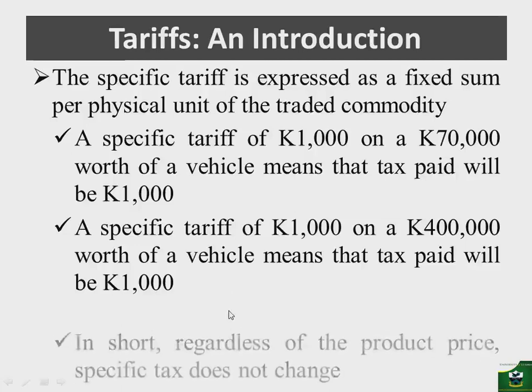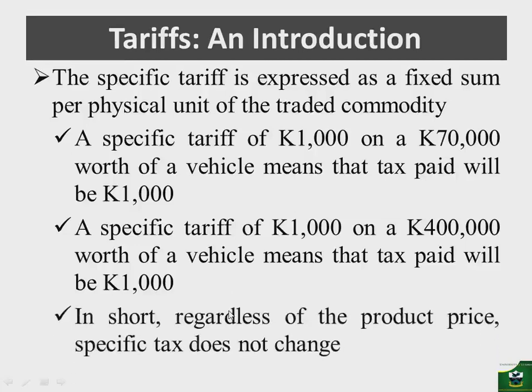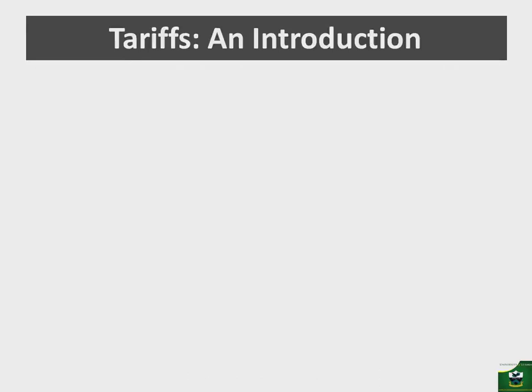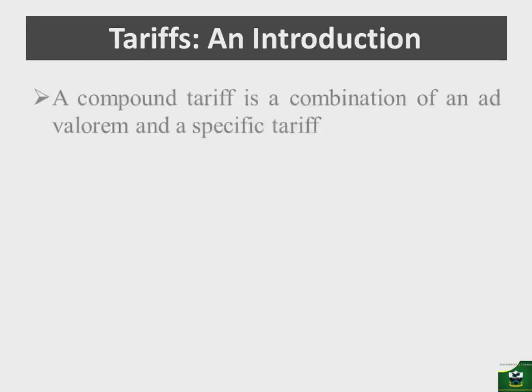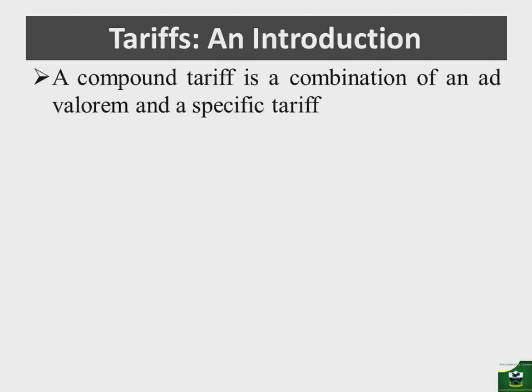Okay, let's look at the compound tariff. This is a combination of the ad valorem as well as the specific tax. A compound tariff comprises an ad valorem part, a given percentage of the sale value, as well as a fixed amount that should be paid.